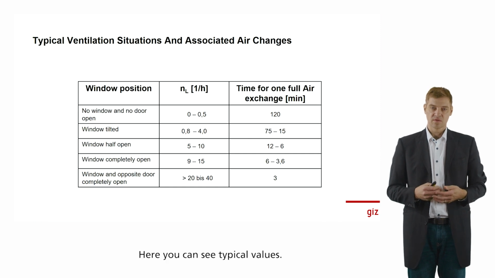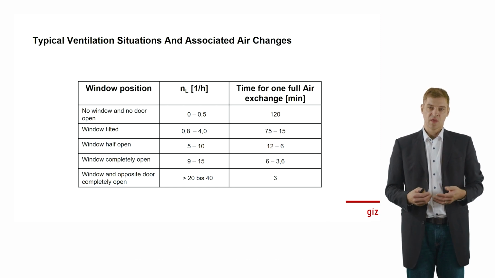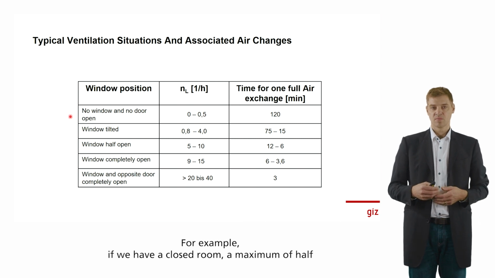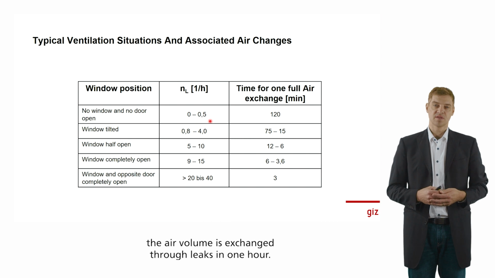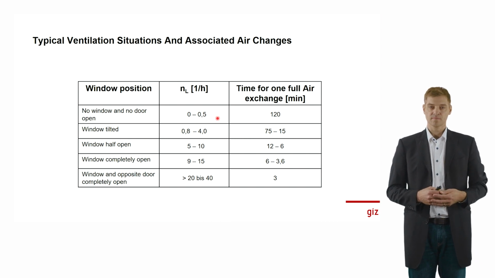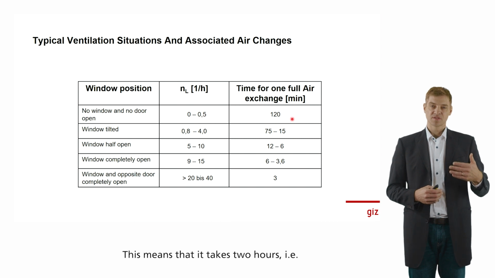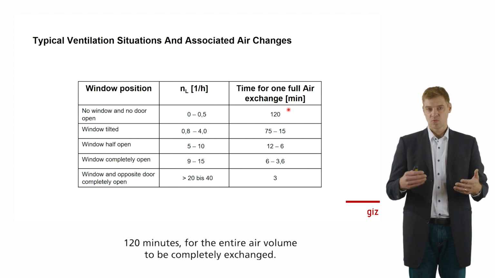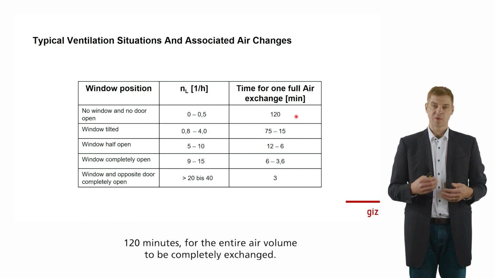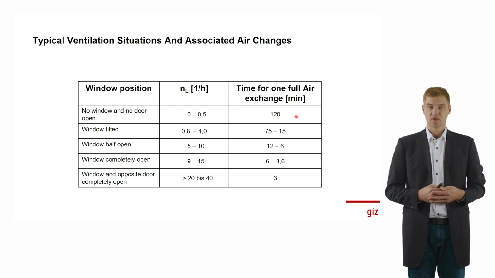Here you can see typical values. For example, if we have a closed door, a maximum of half the air volume is exchanged through leaks in 1 hour. This means that it takes 2 hours, 120 minutes, for the entire air volume to completely exchange.